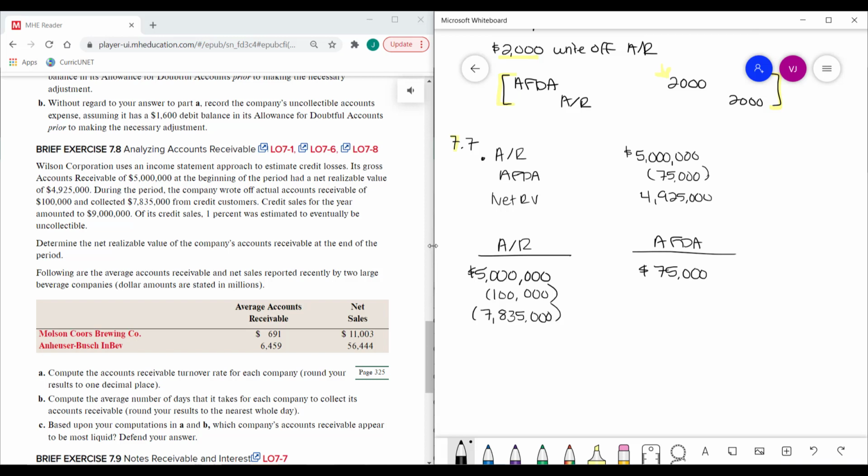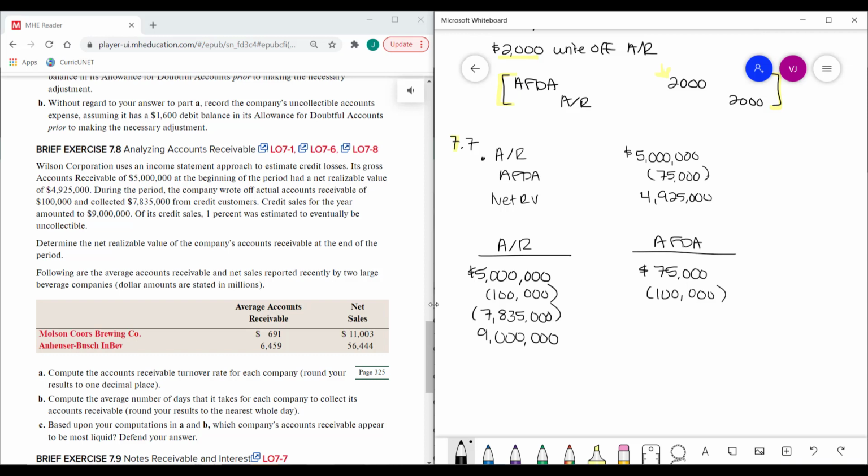But remember, when you write off that accounts receivable, you're dipping into this allowance for doubtful accounts, aren't you? Okay, so we need to keep that in mind, that would affect that as well. But then it says we had credit sales of $9 million, right? So the credit sales would increase your accounts receivable by $9 million further, right? Since it's credit sales. But what we need to do is still record the uncollectible accounts expense for the year. So that'll affect our allowance for doubtful accounts.